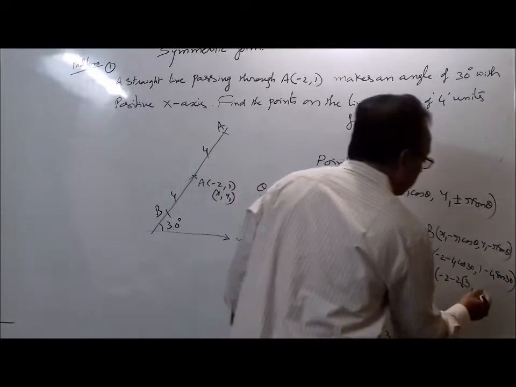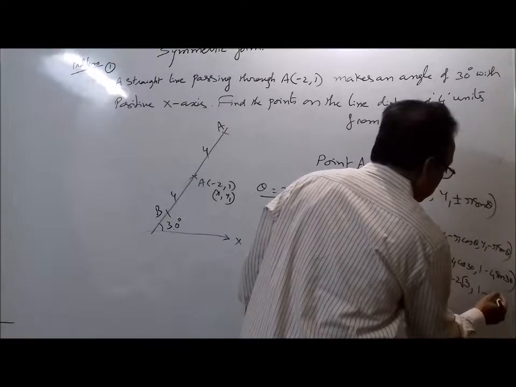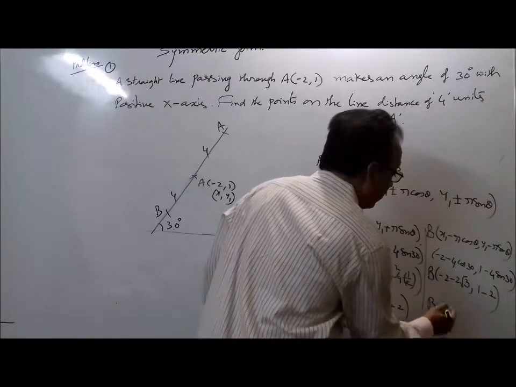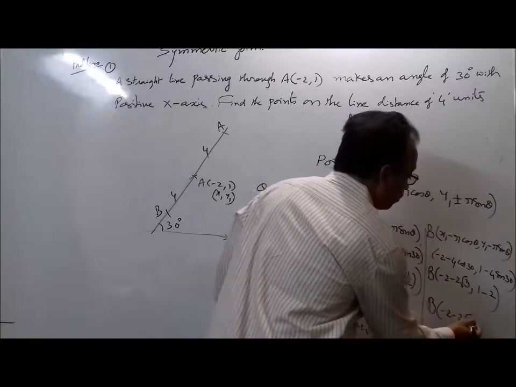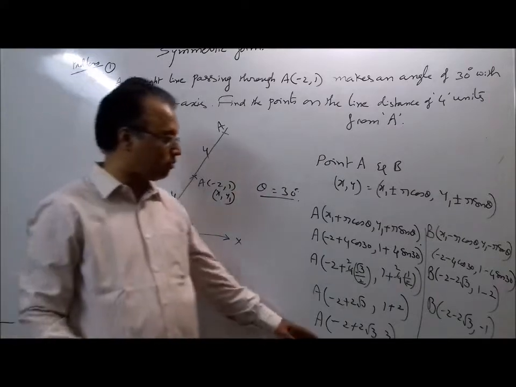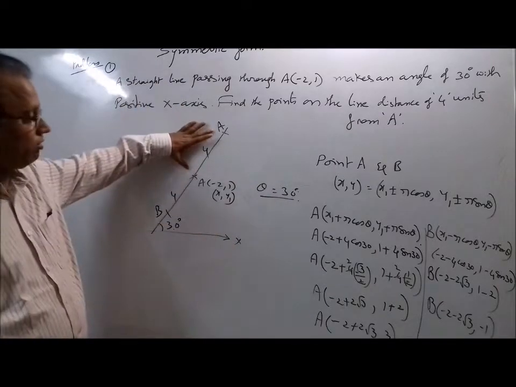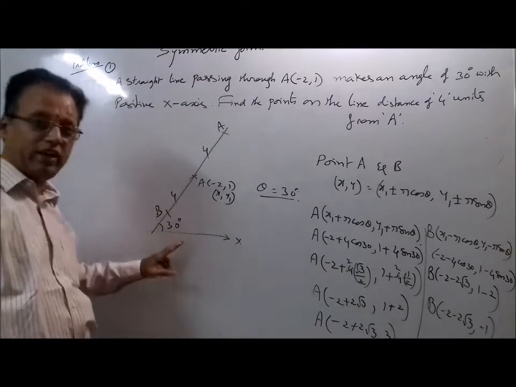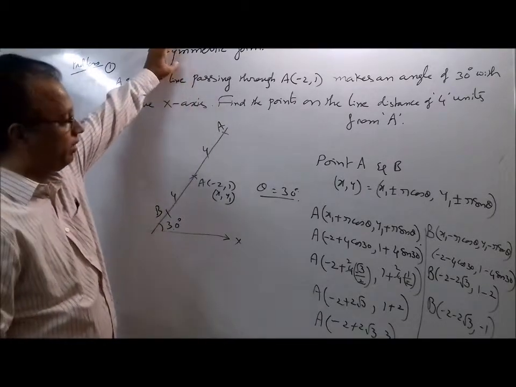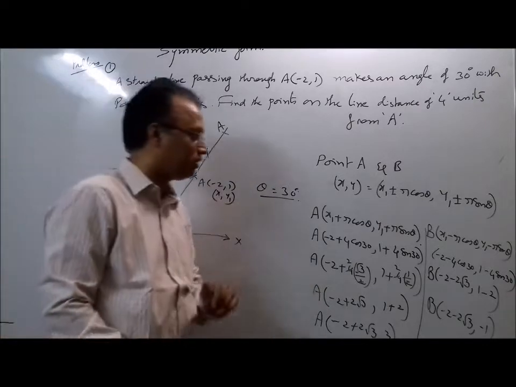That is 1 minus 2. So B is (minus 2 minus 2 root 3, minus 1). So these are the points at a distance of 4 units on the same line making an angle of 30 degrees. These are the 2 points. By using the symmetric form we got this.